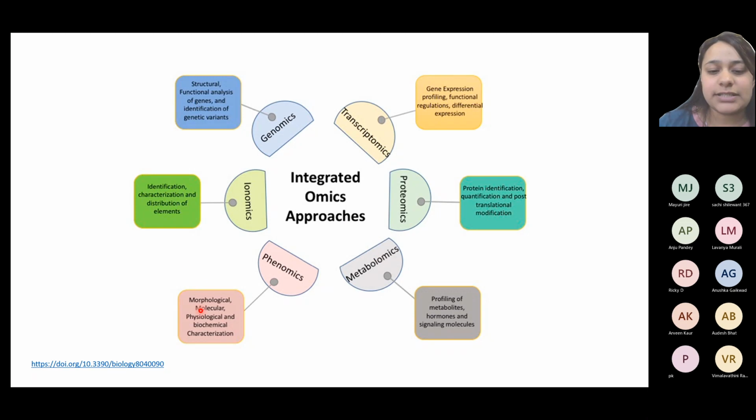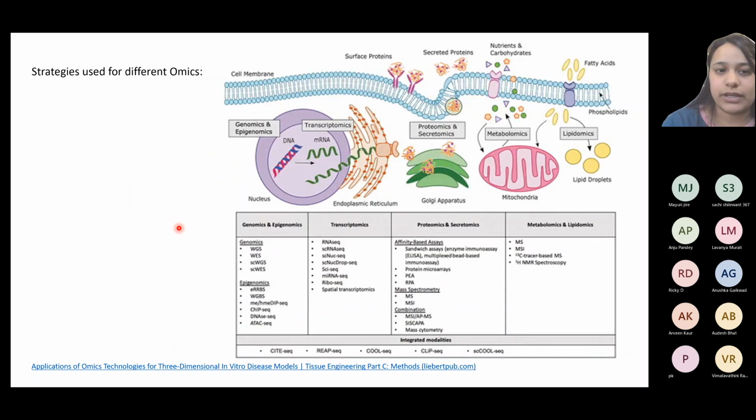So phenomics is basically morphological, molecular, physiological, and chemical biochemical characterization, and ionomics is identification, characterization, and distribution of elements, right? So this is just a slide that I have included so that you have a reference of what strategies are used for different types of omics.